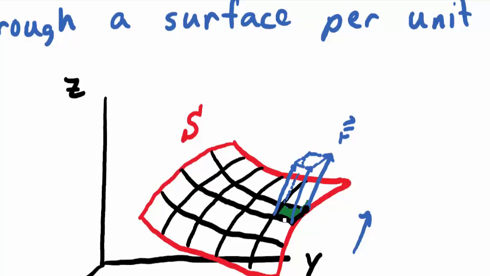And then the idea is if I can add all of those volumes together through all these infinitesimally small patches, then I'll have my way to measure flux through the entire surface. And that is going to be represented, as you might imagine, by an integral.